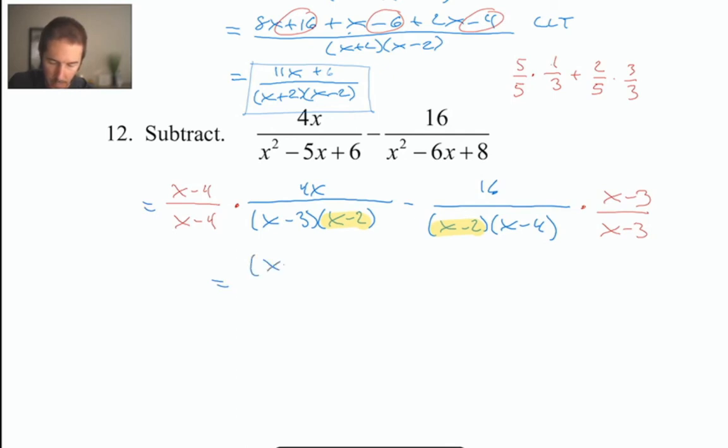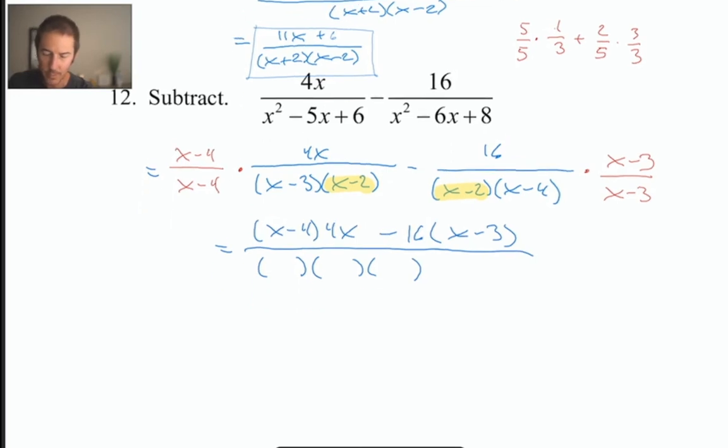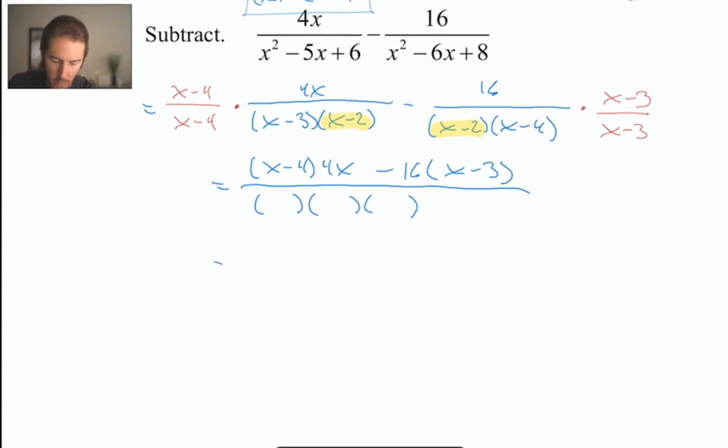I've got an x minus 4 times the 4x, don't really need parentheses around the 4x, minus the 16, which is being multiplied by the x minus 3. It's all over our common denominator of x minus 4 times x minus 3 times x minus 2. I'm not going to rewrite that over and over again. I know what goes in those parentheses. I'll fill them in at the end.